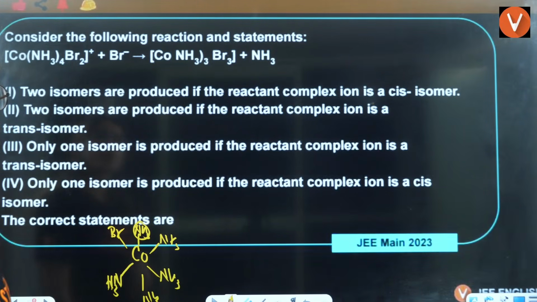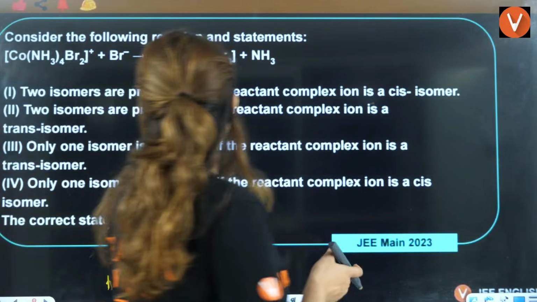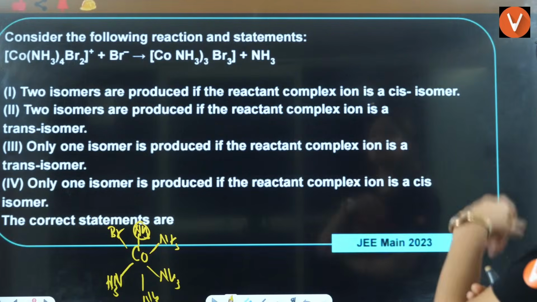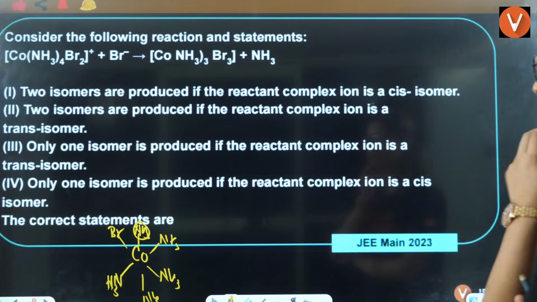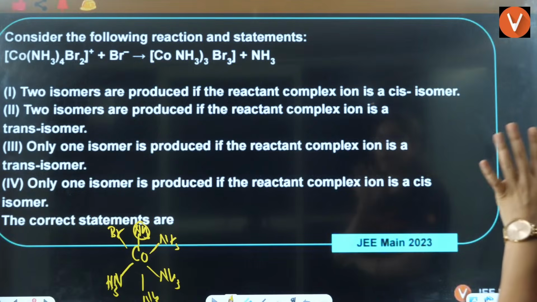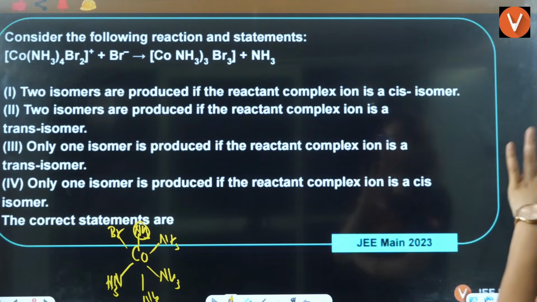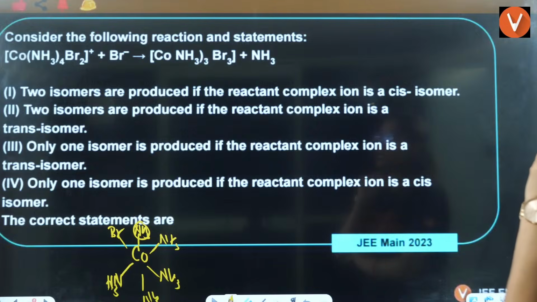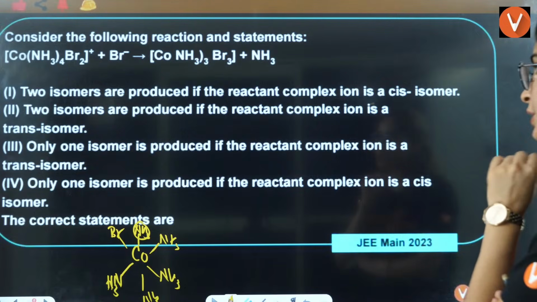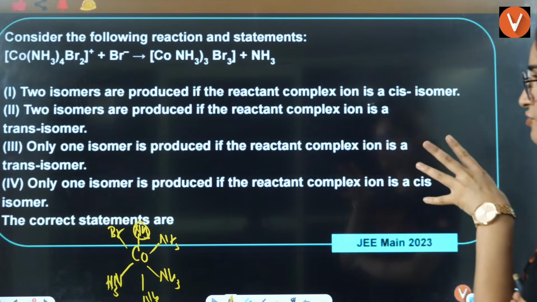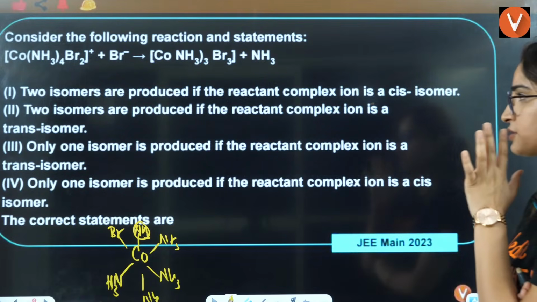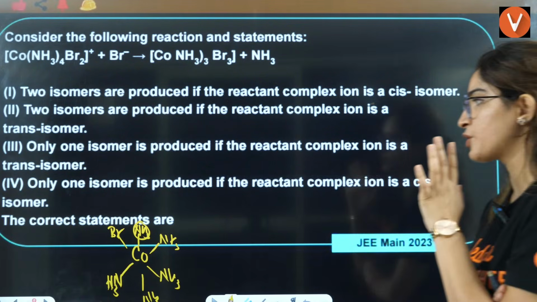So two isomers are produced if the reactant complex is a cis isomer. Two isomers are produced if the reactant complex is a trans isomer. Only one isomer is produced if the reactant complex is a trans isomer. Only one is a trans isomer or a cis isomer.